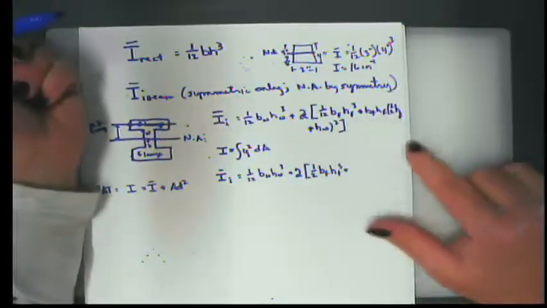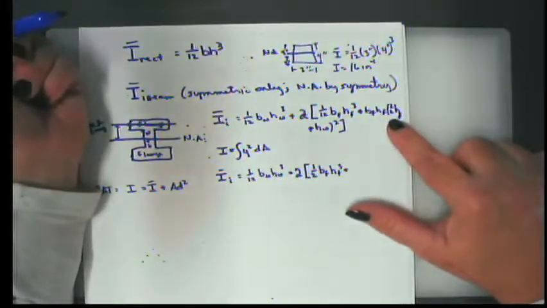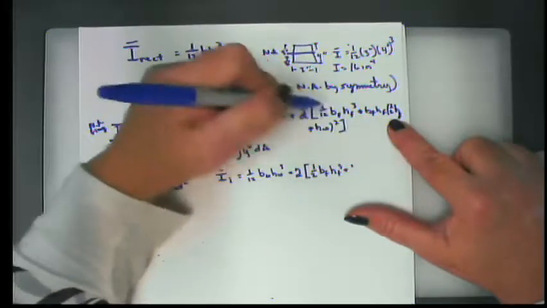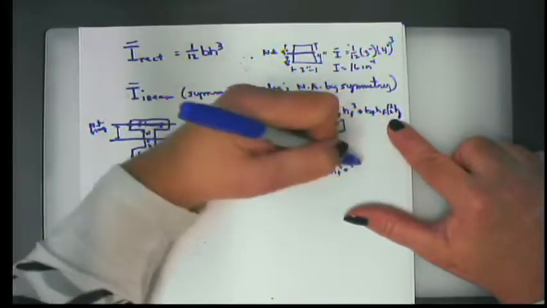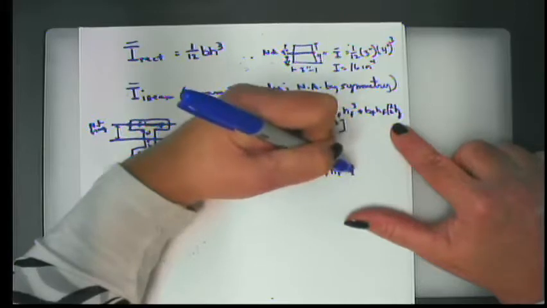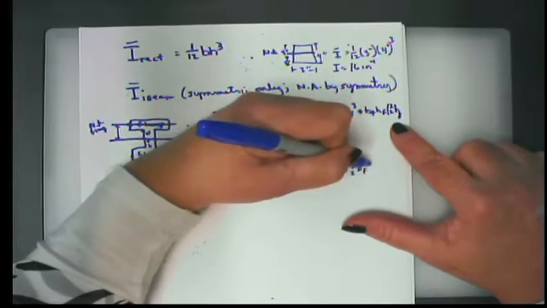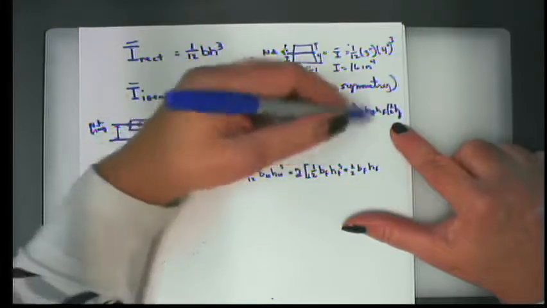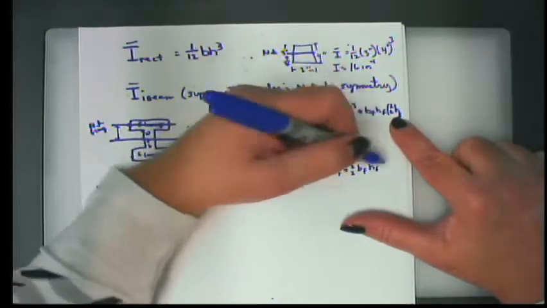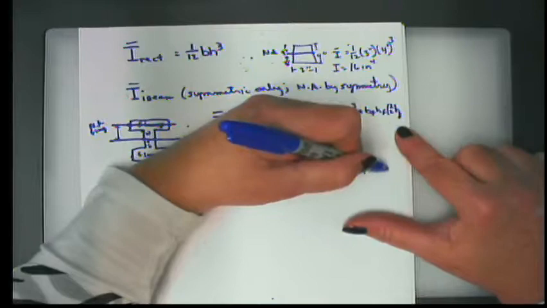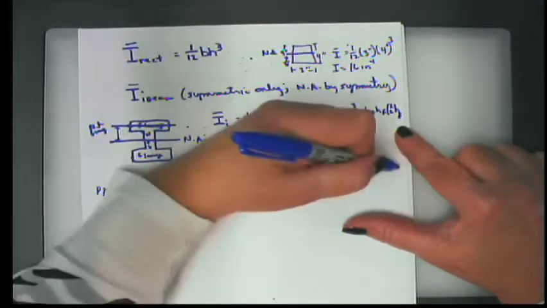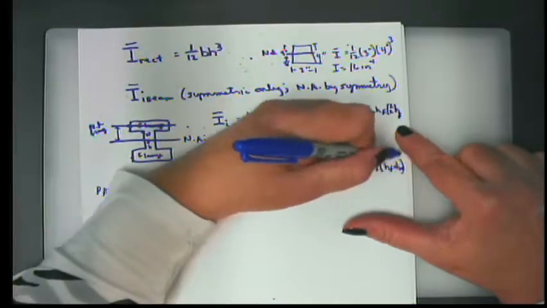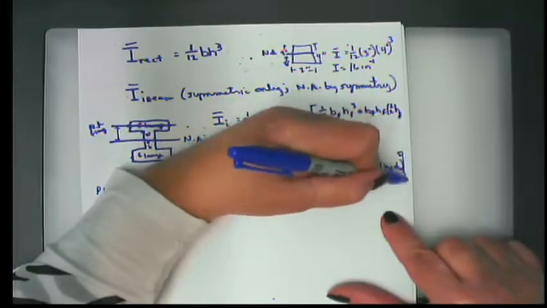That has to be added. Gosh, I don't really see any way to make this simpler. Oh, I've got it. This is 1/12. This is 1/2. Base of the flange, height of the flange, 1/2 base flange times the quantity height of the flange plus height of the web, quantity squared.